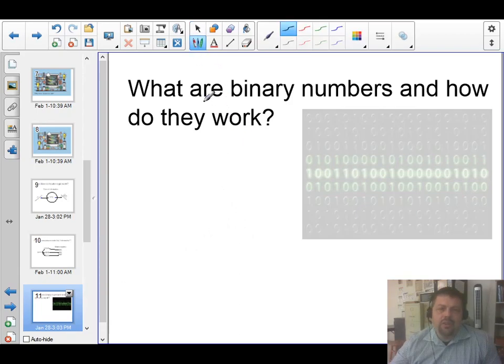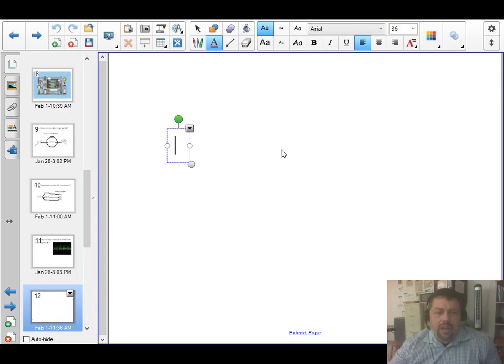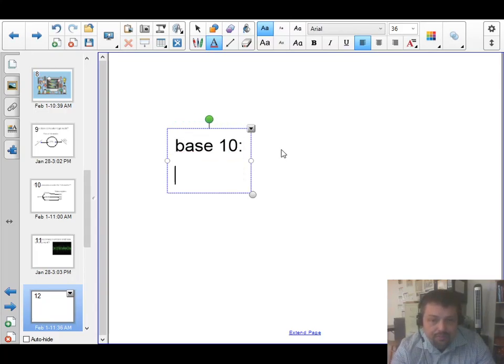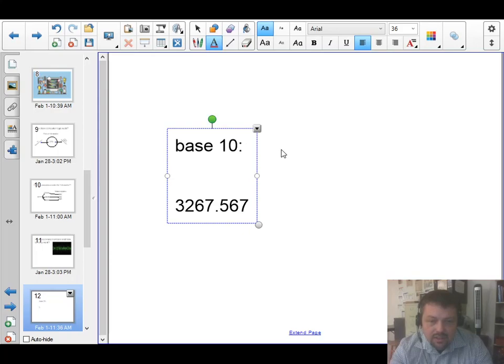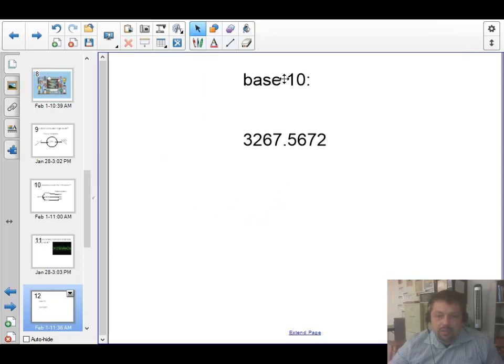Well, first of all, in order to explain binary numbers, I think you need to understand some elements of our number system. So this is base 10, which is what we use. If I write 3,267.5672, you know what this means.